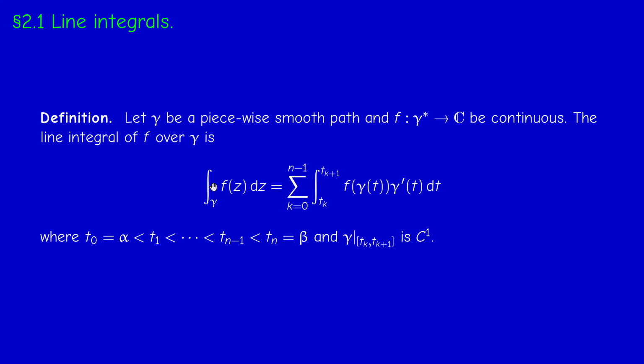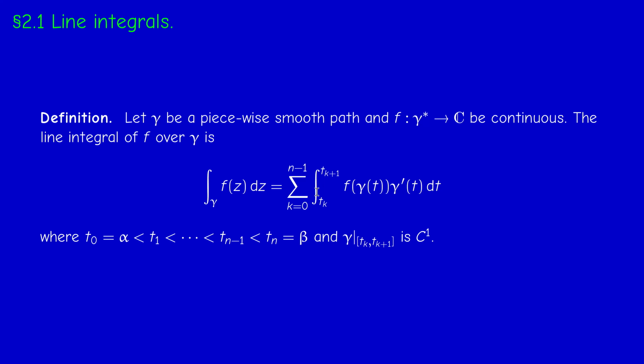By definition, the integral of a continuous function over this path is the sum of the integrals of f(γ(t)) γ'(t). This is why we need piecewise smoothness, because we need gamma prime. It should exist, possibly not everywhere, but we accept that it's not defined at a finite number of points. If gamma is smooth, this is just the integral from α to β of f(γ(t)) γ'(t) dt. So we don't need a subdivision if the path is smooth, not just piecewise smooth.